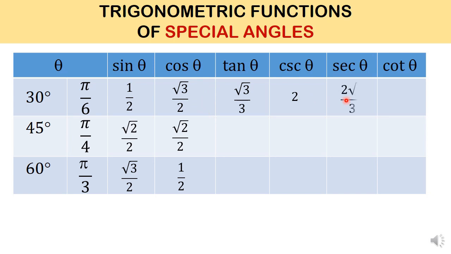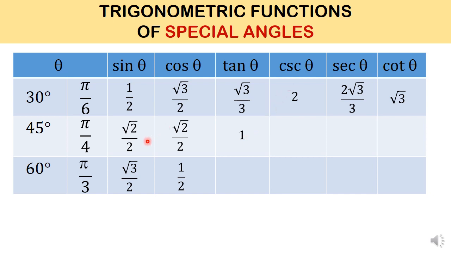Cotangent theta is cosine over sine, so it will be square root of 3 over 1, or simply square root of 3. Okay. Again, for the next row, we have tangent theta equal to sine over cosine. The numerator and denominator just cancel, giving us tan theta equal to 1. Cosecant theta is the reciprocal of sine theta.